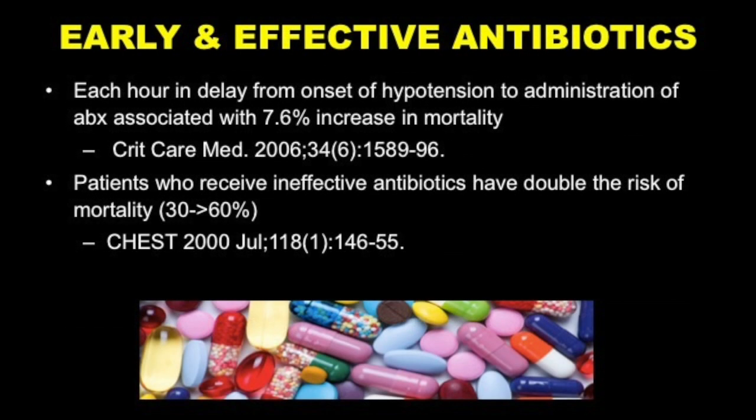Why is this important? Well, just to remind us all, every single hour of delay is another 7 to 8% increase in mortality. And if they receive ineffective antibiotics, mortality risk doubles, and there are a few studies cited there. I don't think those statistics have changed all that much.